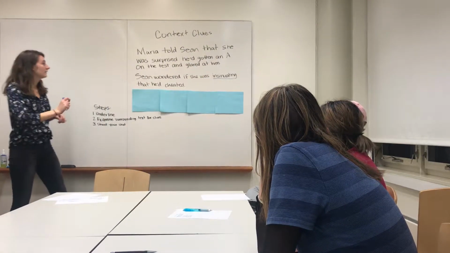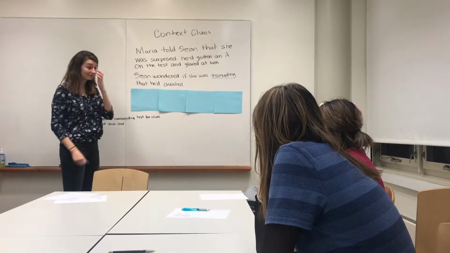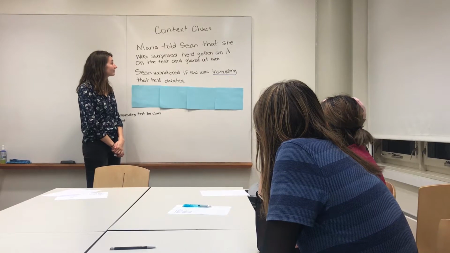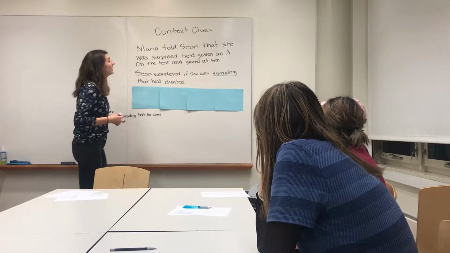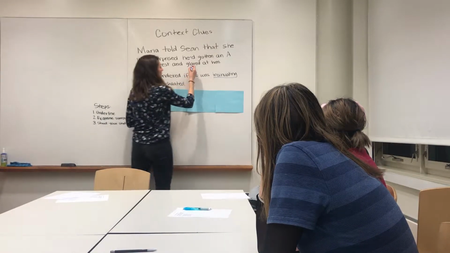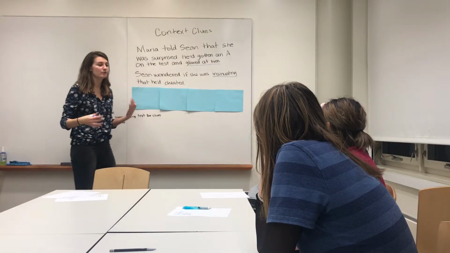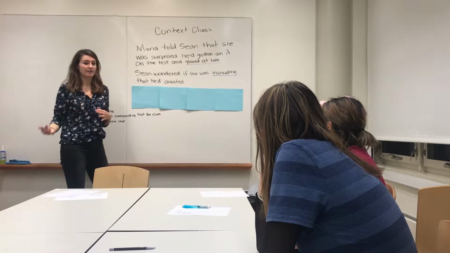Who wants to read this sentence? Eric? Maria told Sean that she was surprised he'd gotten an A on the test and glared at him. Awesome. So we have a couple more clues here. We have a mood clue with glared at him because that's a grumpy word, right? A mood clue gives you a little more on the vibe of the word.